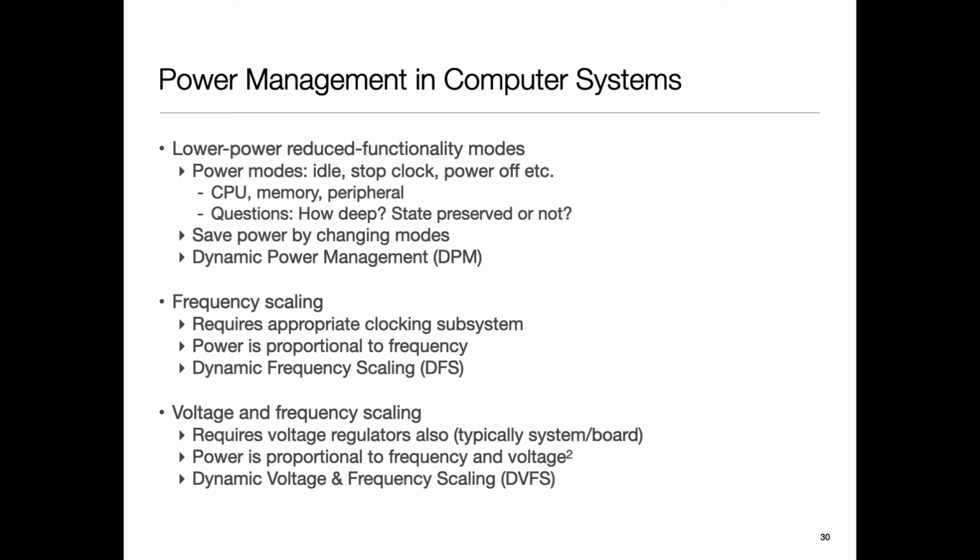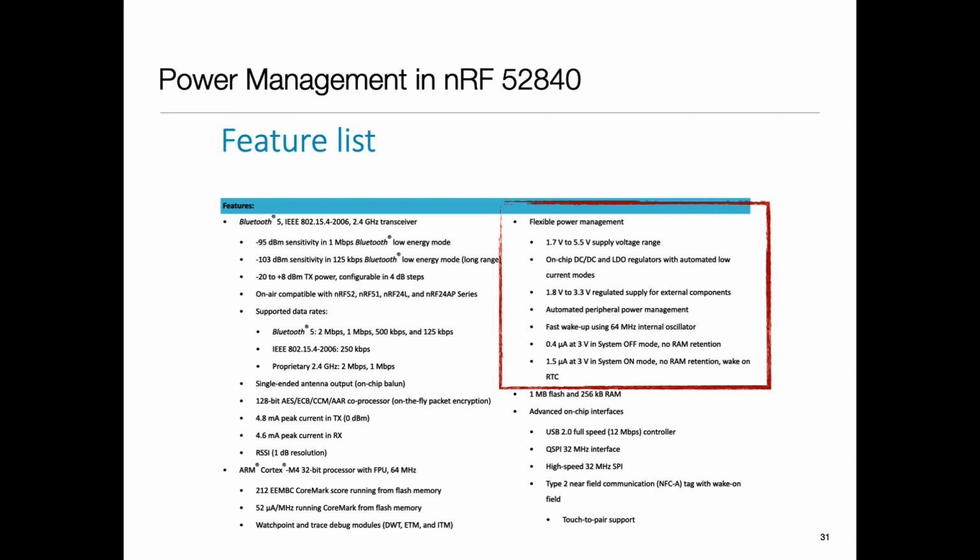It's equivalent to walking slowly, walking more efficiently, I guess, and then not walking at all. So those are the basic strategies. Particularly in the microcontroller world, you will find that there's a very important part of the data sheet which goes with power management.